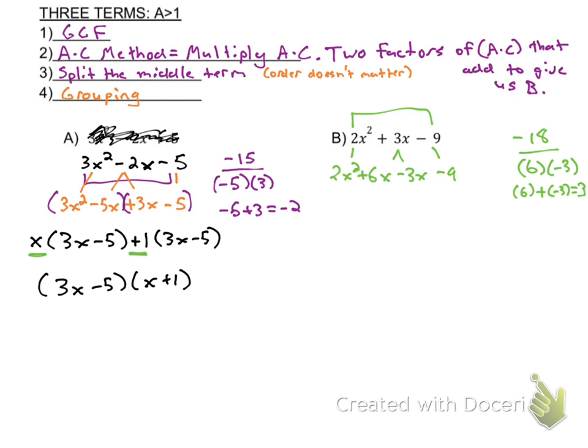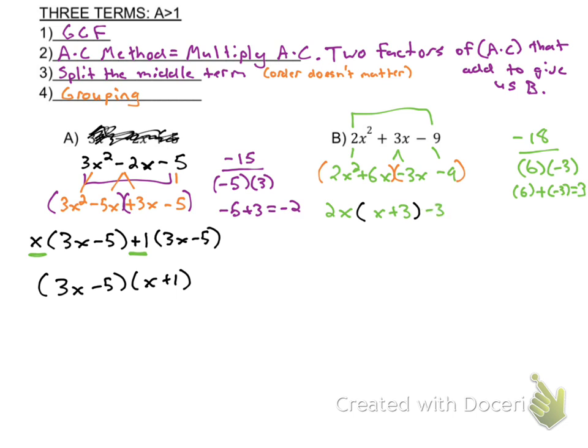How many terms do we have? 4. So we have 4 terms. How do we factor? Grouping. Good. What's my GCF for that first group? 2x. Leaves me with x plus 3. What's the GCF of my second group?